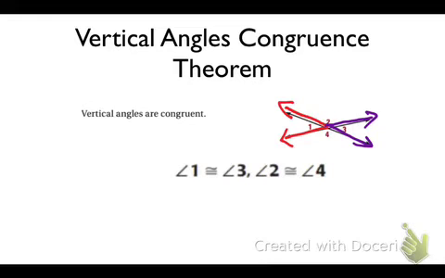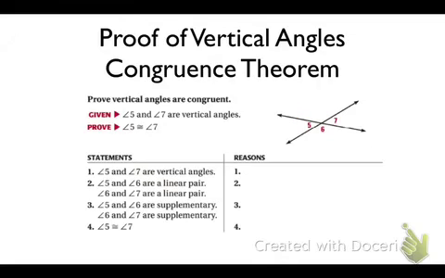Alright, let's again look at a proof of that, and we'll use the linear pair postulate to prove the vertical angles theorem. The theorem says that if angle 5 and angle 7 are vertical angles, they want you to prove that those two angles are congruent.